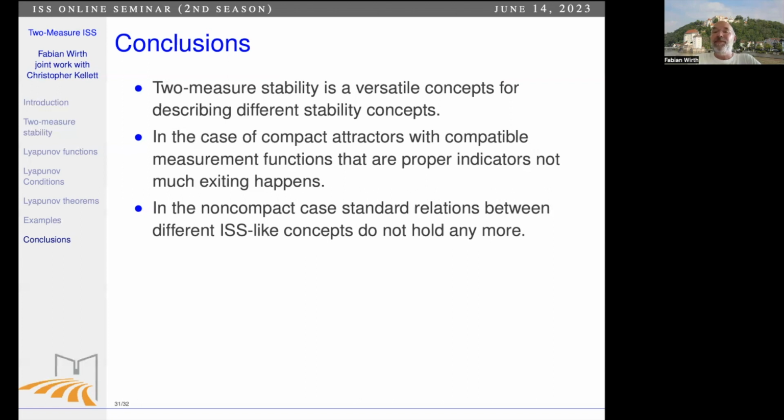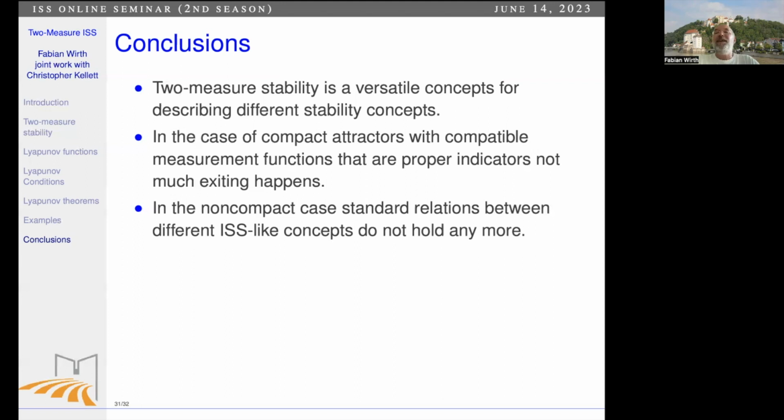Then the nice or simple part of the theory is that if you have compact attractors with compatible measurement functions, and that are also on top of that proper indicators of your compact attractor, then yeah, there are things to do, but not much exciting happens.